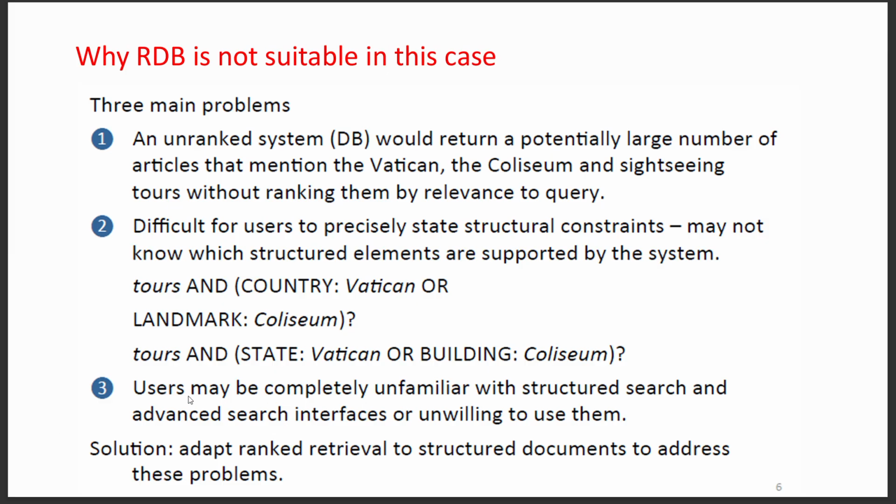They have become habituated only to unstructured search. So what is the solution? Adapt ranked retrieval to structured documents to address these problems. This is the solution to overcome these three problems.